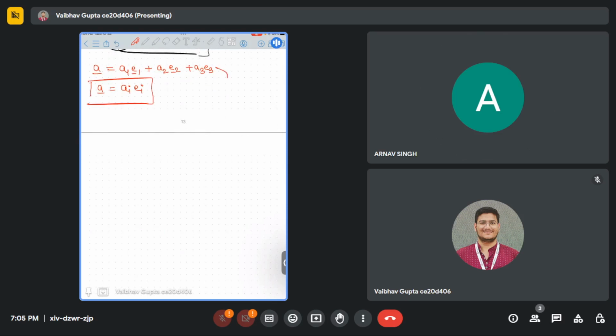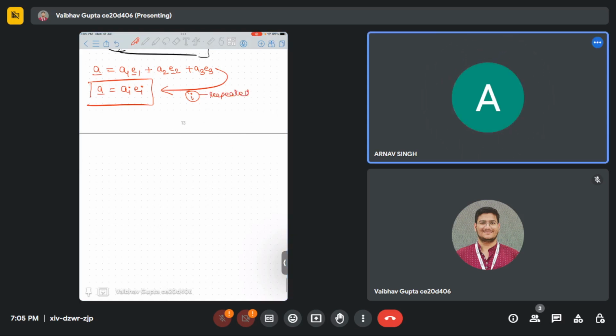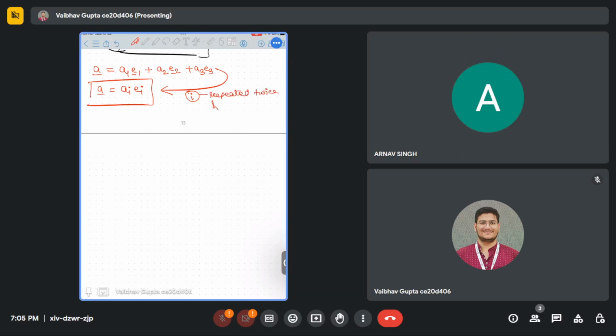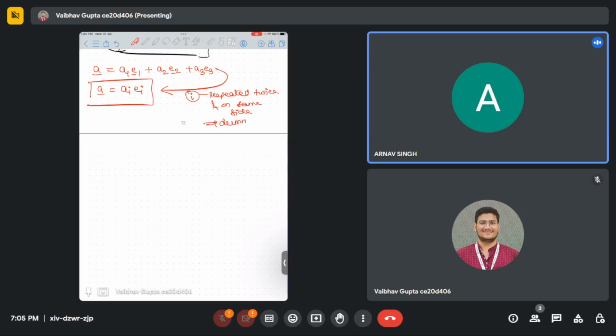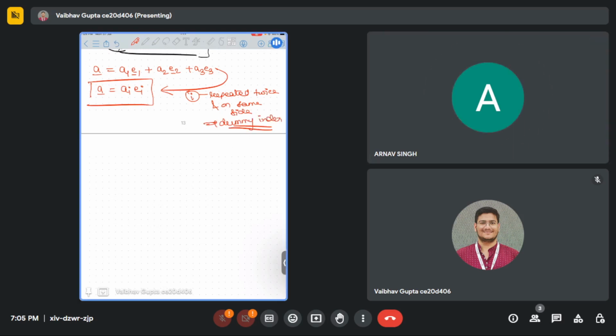Is this correct to write? Because i is repeating twice, it's on the same side also, so it's a dummy index. In future you will see it like this only. I won't be expanding this every time. I'm expanding it now so that you gain knowledge, but the real form is this only.